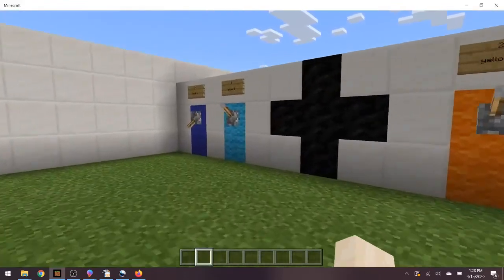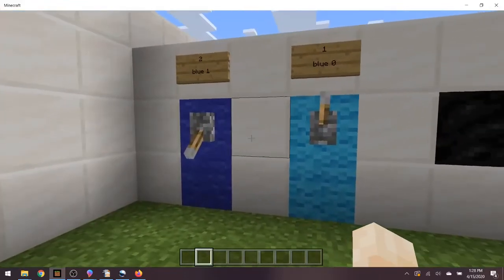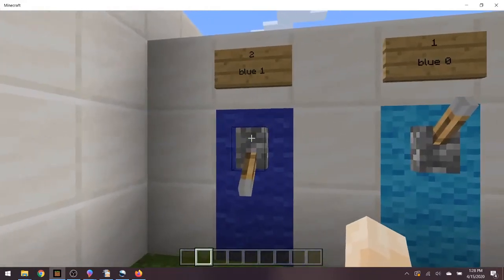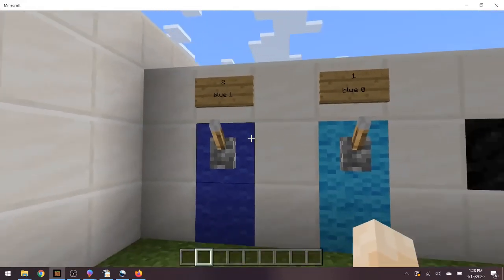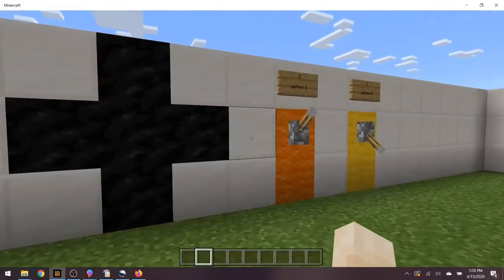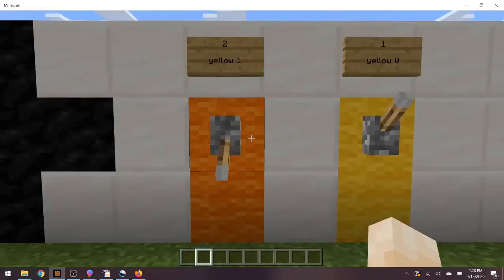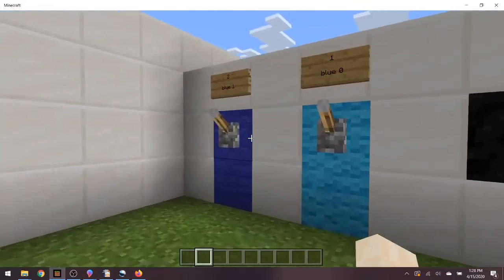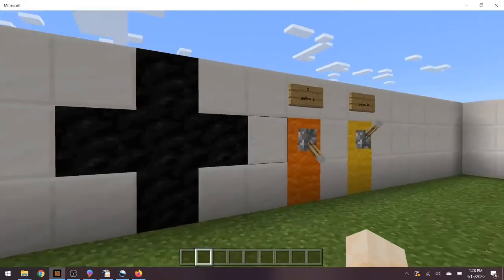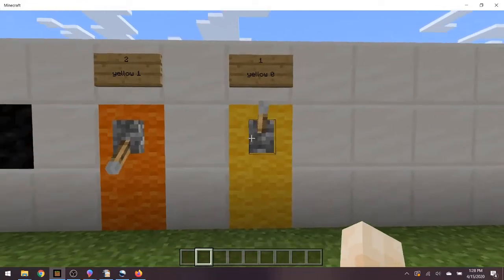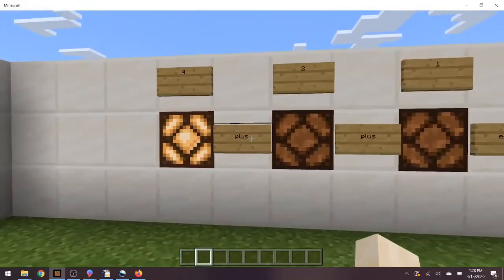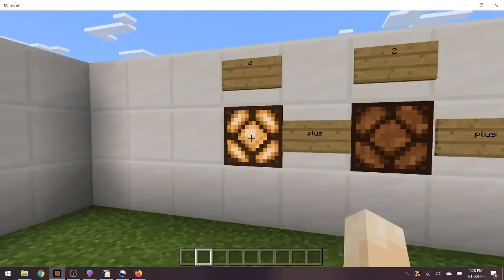So that problem that I walked through in the PowerPoint was 1, 1 plus 0, 1. So 1, 1 plus 0, 1, and that gives me 4, because this light is on.